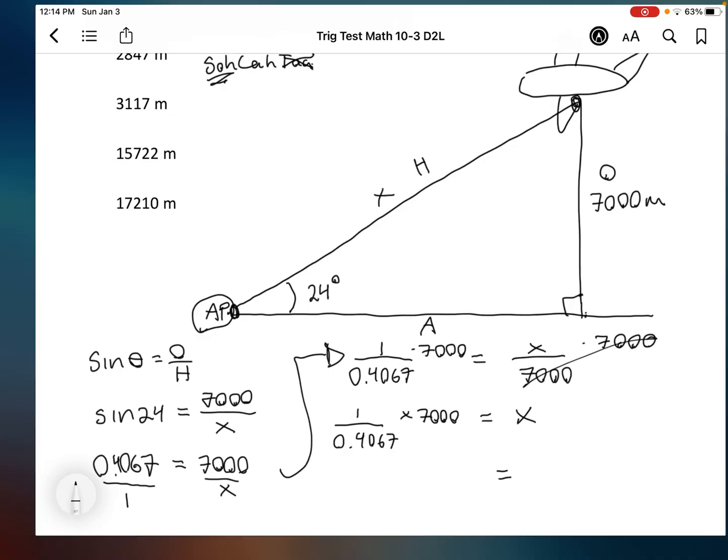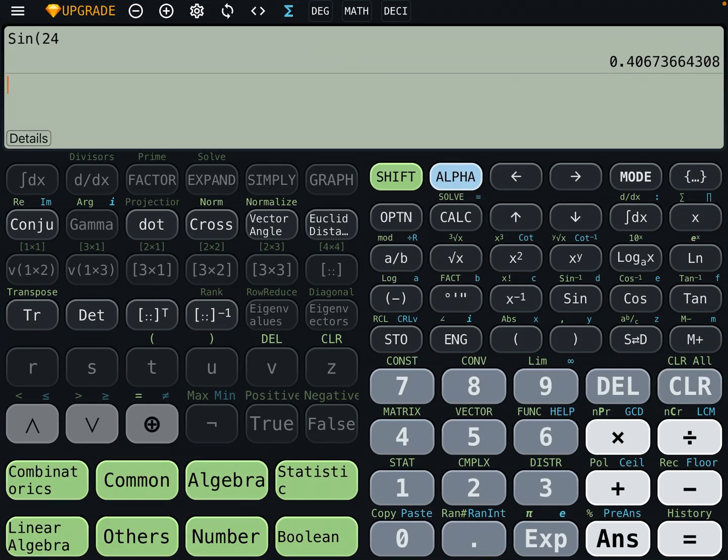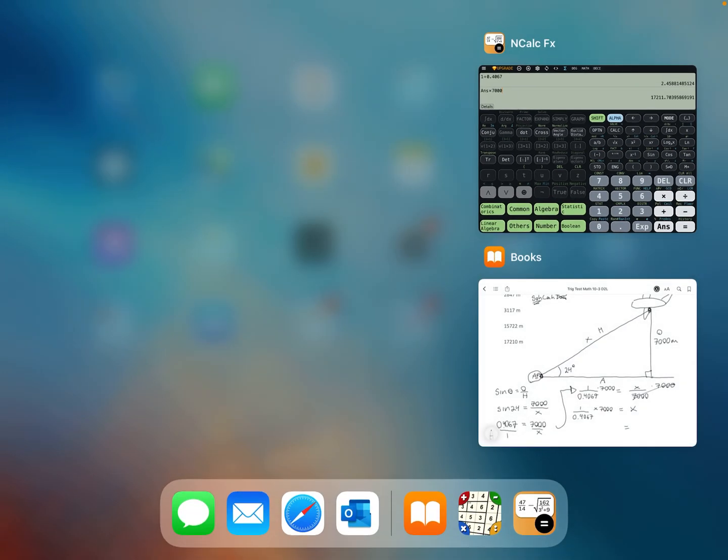Okay, and let's see what that is. All right, 1 divided by 0.4067 equals, and then I'm going to go answer times 7,000. And I get 17,111.7.